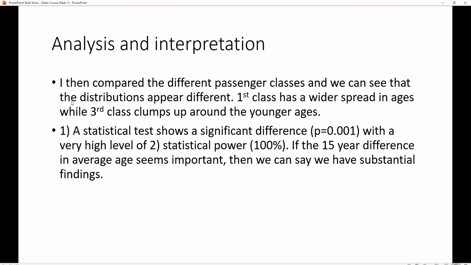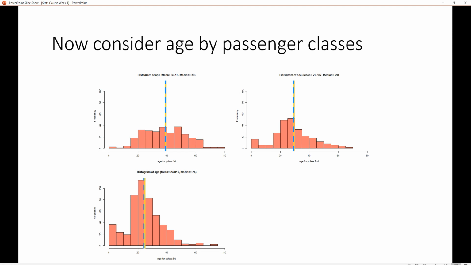So again, we begin with our descriptive statistics, and we do that by looking at our distribution and describing the center and the spread.